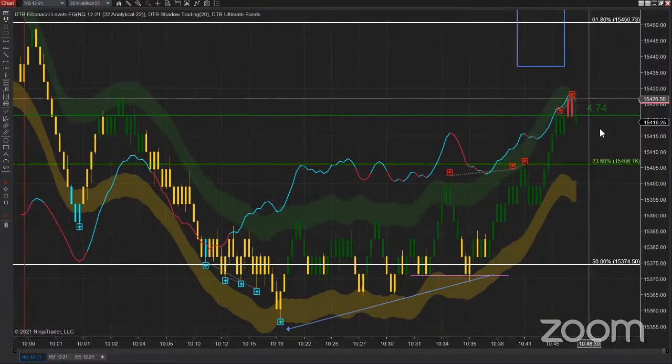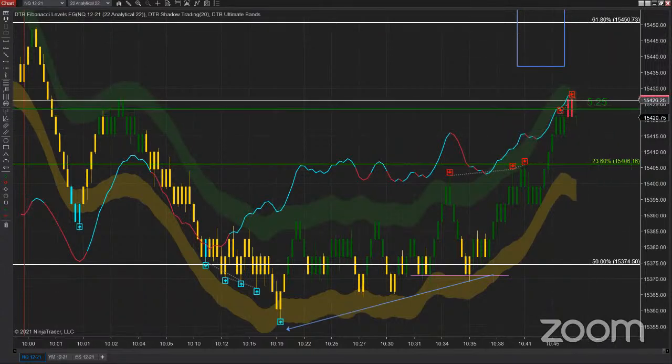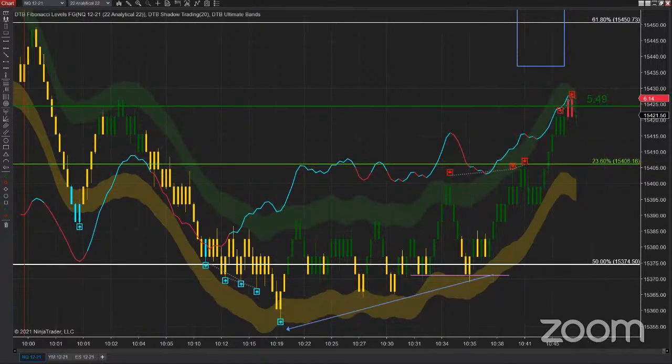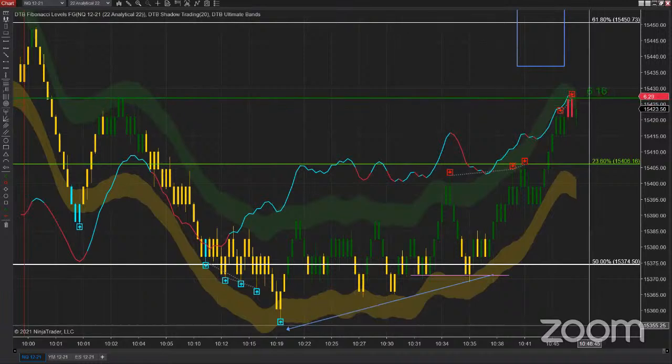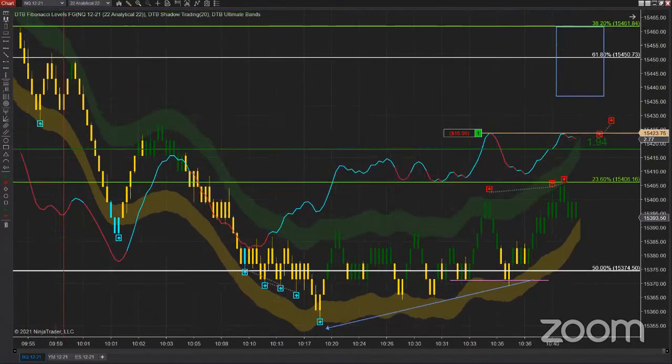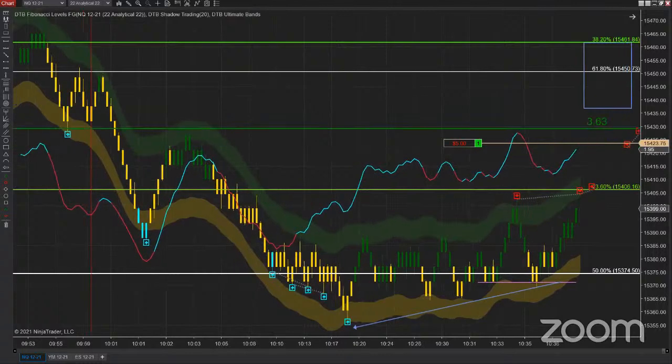But look at this momentum line. See, that momentum line is right with the price right now. So you can see earlier, if I scroll back on the chart, the good thing about this indicator is that it actually shows you where the momentum line was at the time you took the decision.